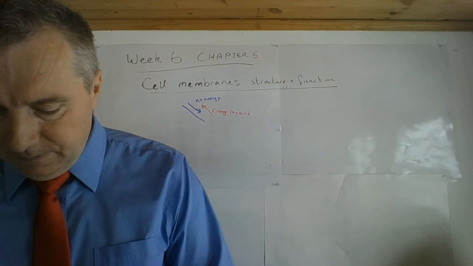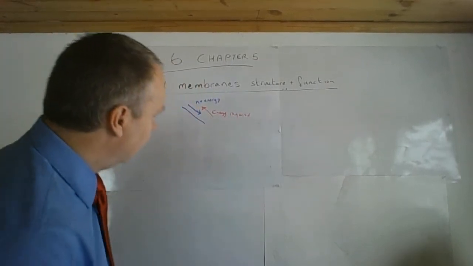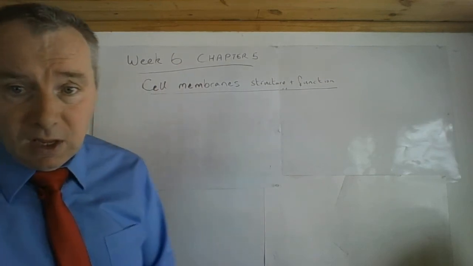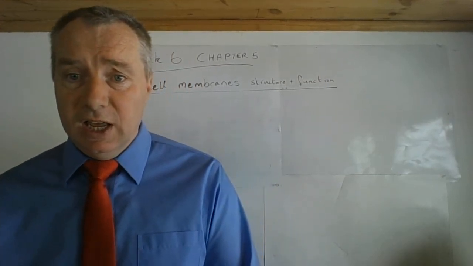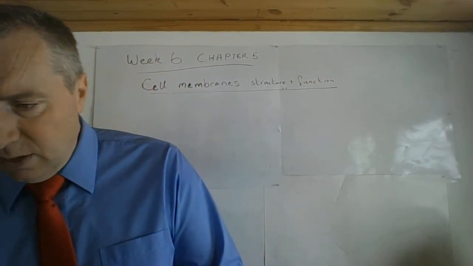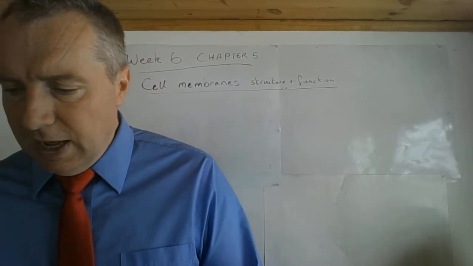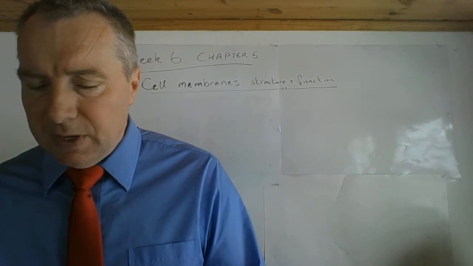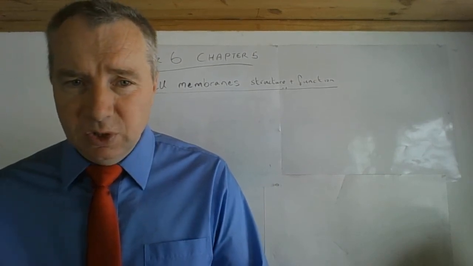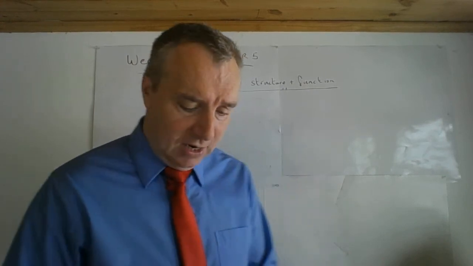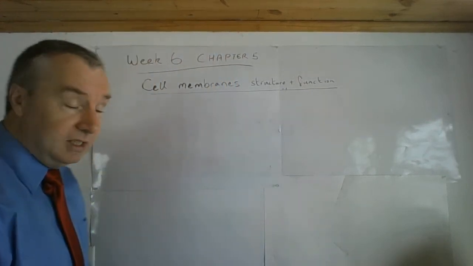Simple diffusion is what we talked about earlier. Facilitated diffusion is when something needs to get involved in order to help the diffusion to happen. Facilitated diffusion is often what's needed for certain molecules that are repelled by the cell membrane.